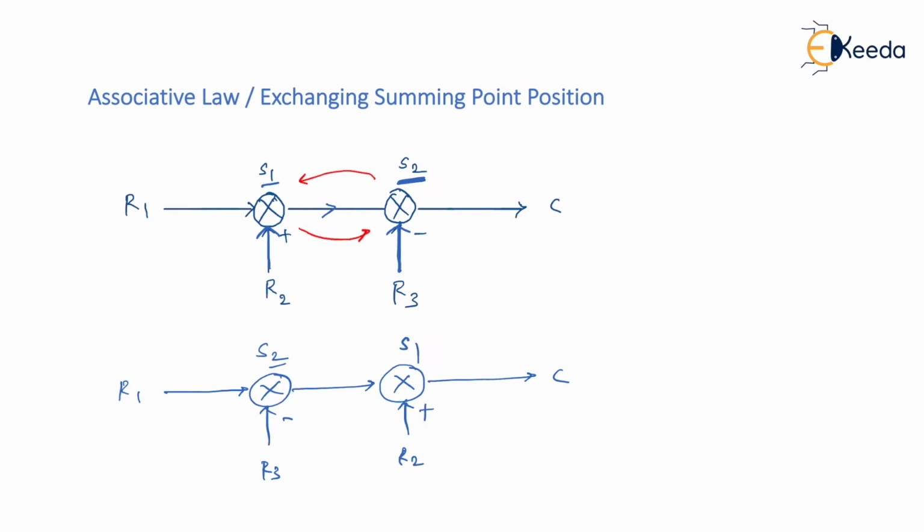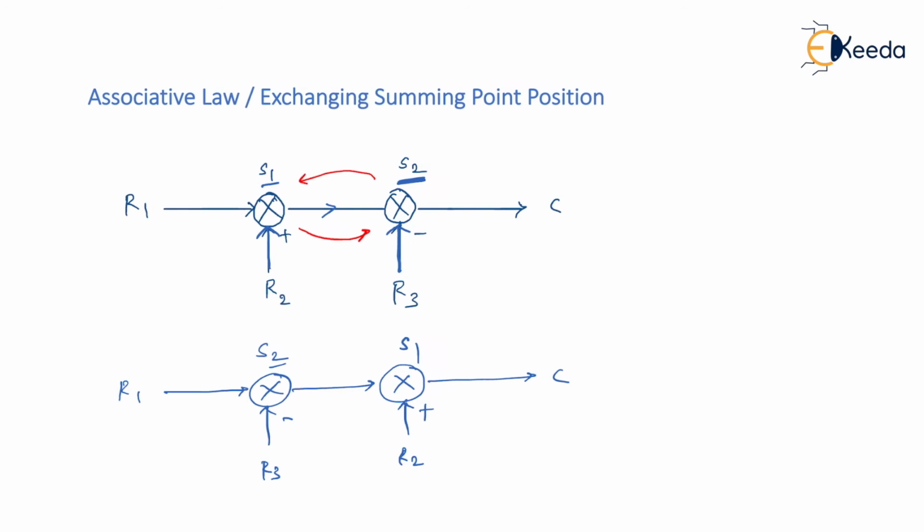So I did the same, and let us see, still my output remains same, because the only condition is your output should remain unchanged irrespective of whatever changes you are doing, irrespective of how much reduction you have done. So here, even though the reduction is not taking place, we are just exchanging the positions of summing point, but still you are altering the system, and whenever you are altering the system, it shouldn't go opposite to the rule, that is output should remain same.